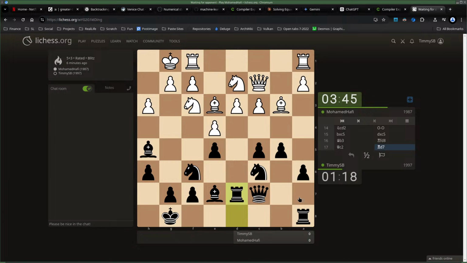Double rooks here. I can put more pressure on this by playing my bishop here. It's probably a good move. Let's first develop my rook.